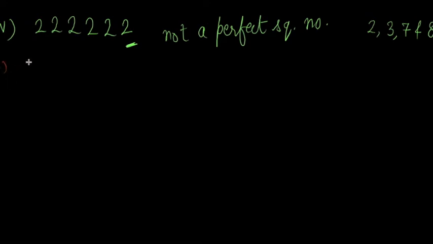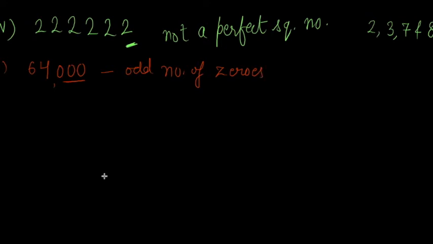Now the fifth part of the same question is 64,000. If you see how many zeros are there, an odd number of zeros, right? And I told you if there is an even number of zeros, the number is said to be a perfect square number. So since the number of zeros is odd, we will say not a perfect square number.